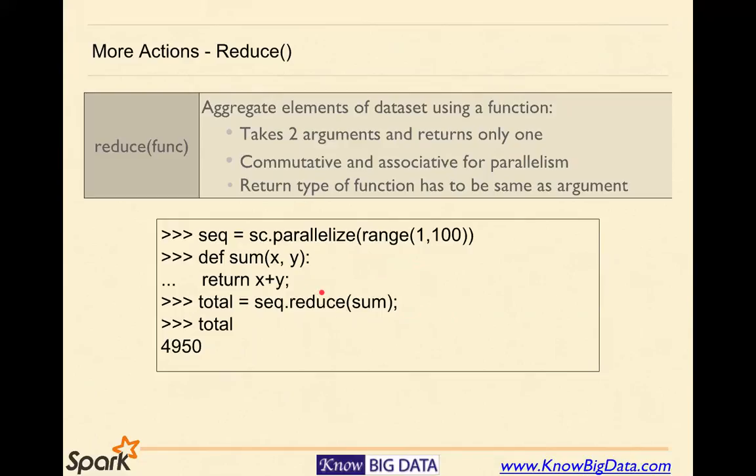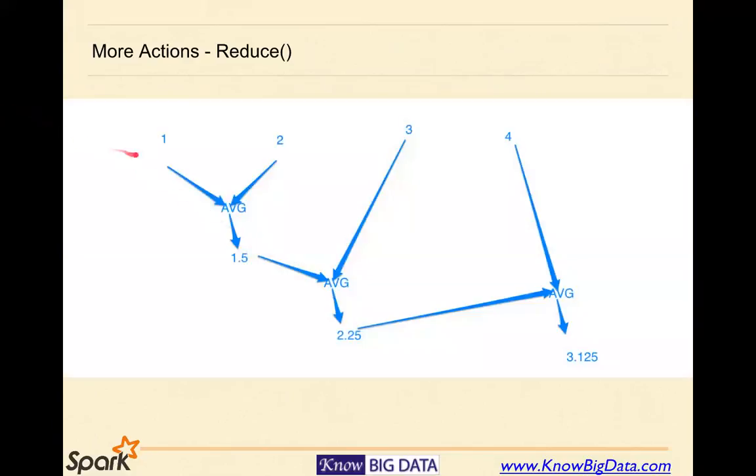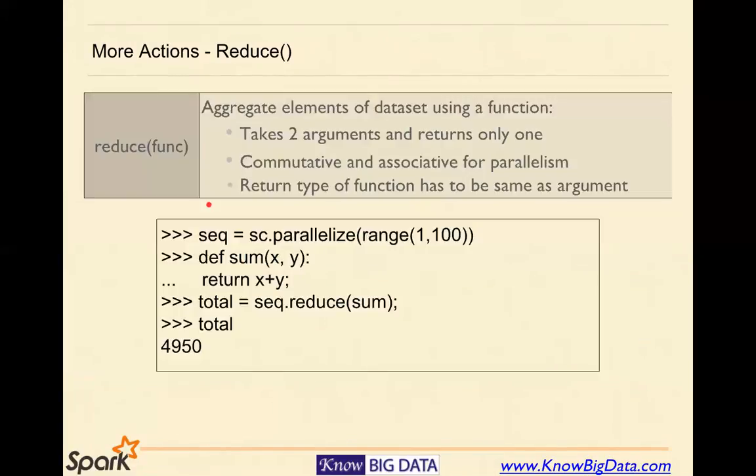Even though sum takes only two arguments, it can sum up all the values. It's like knowing the addition and applying that addition on hundreds of values. Here, let's say there are 4 values and we have said reduce, and we want to sum it up. So first 2 values will be applied, then the next 2 and so on.